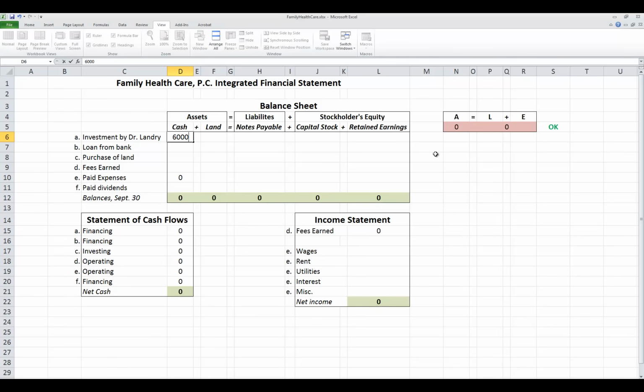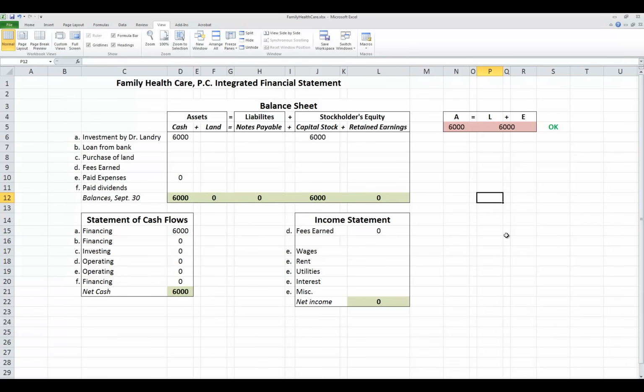Well, it's not going to go into liabilities because we're not borrowing that money from a bank or anything. It's just Dr. Landry bringing his own money into the business. Now, since he is the sole owner, at least at this point, and it's not going to be retained earnings because he hasn't done anything yet, it's going to be capital stock. So in exchange for his $6,000, he's going to receive $6,000 in capital stock. So we'll put $6,000 over there.